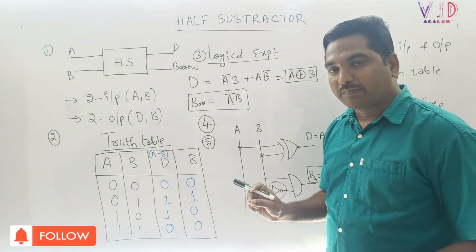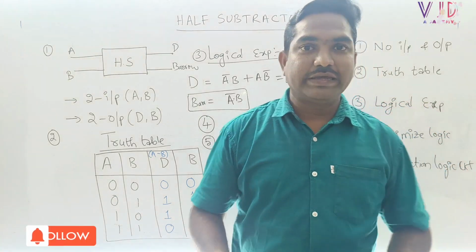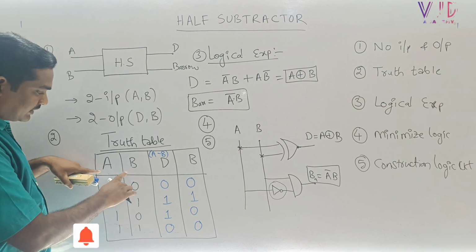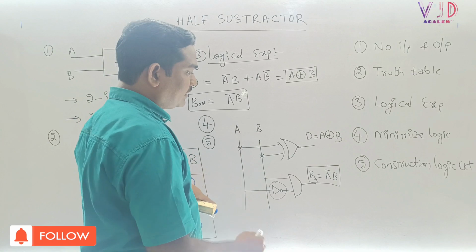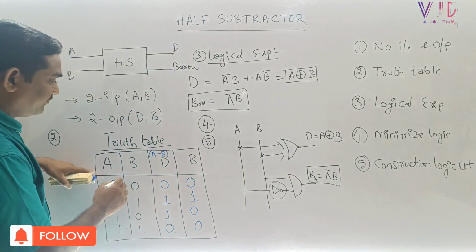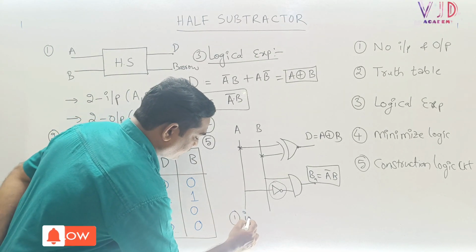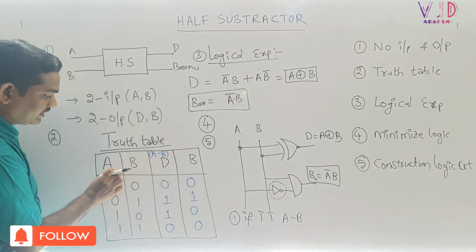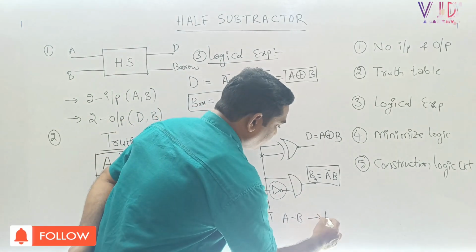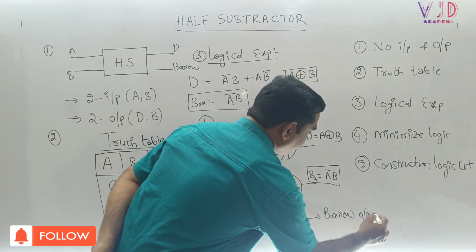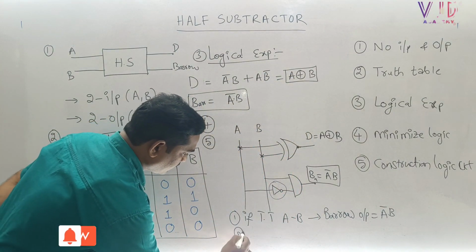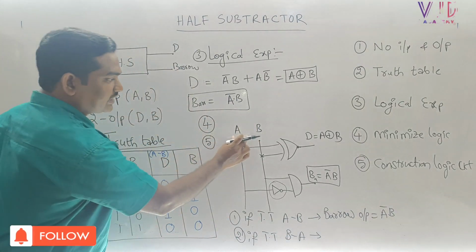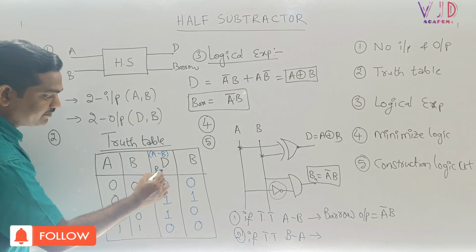But the only point we need to remember from the half subtractor, if we want to prepare for GATE or PSU, is this. Suppose we are drawing the truth table with A and B. If the truth table is for A minus B, then the borrow output will be A bar B. And if the truth table is for B minus A instead of A minus B, then what will happen, sir?